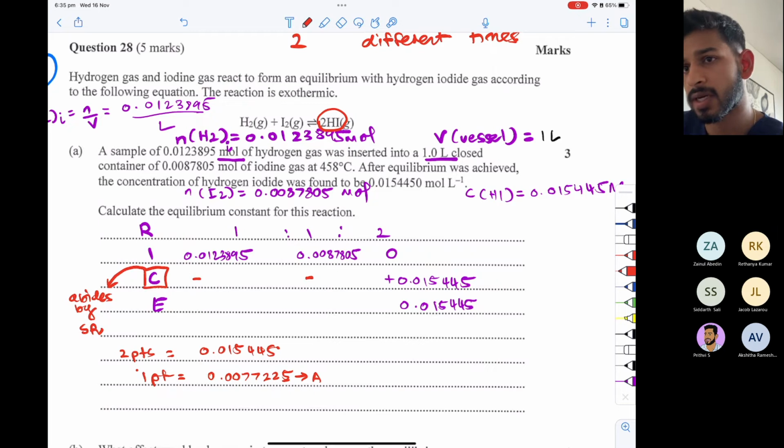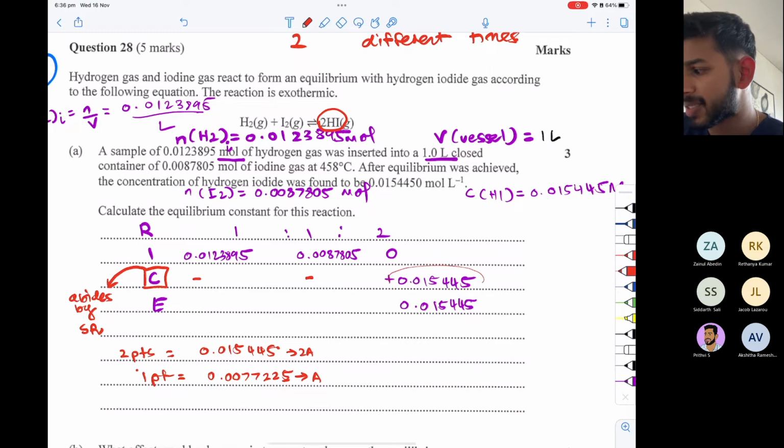That's the first thing. Now, how much should they change by? A or 2A? A. So remember, everything changes according to the stoichiometric ratio.